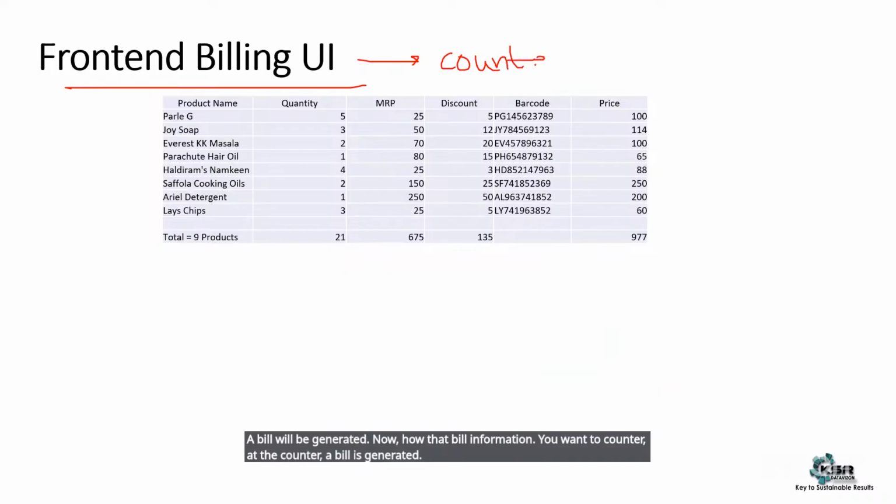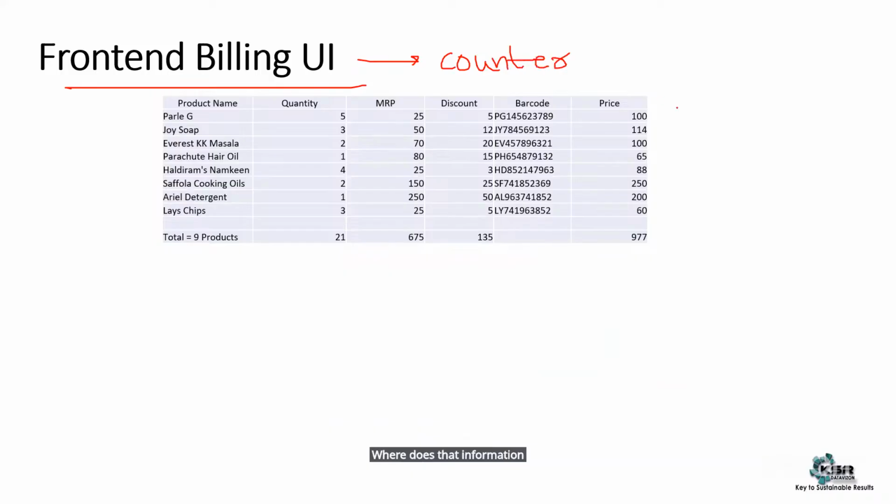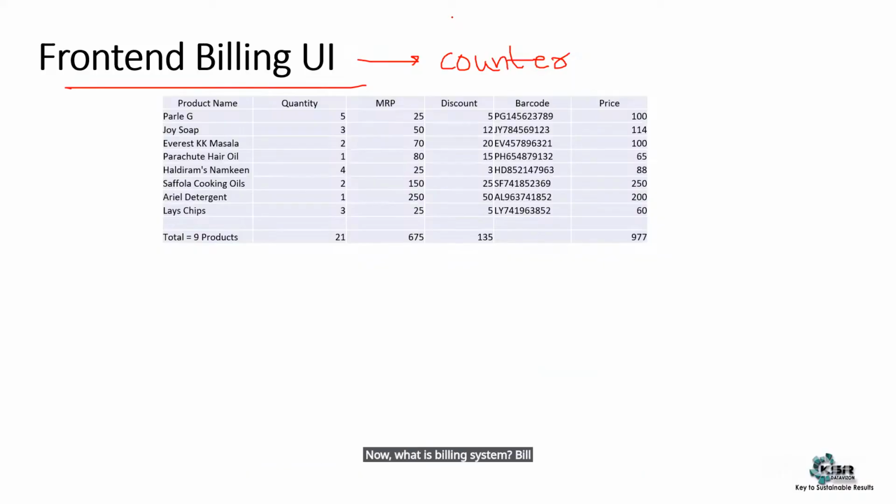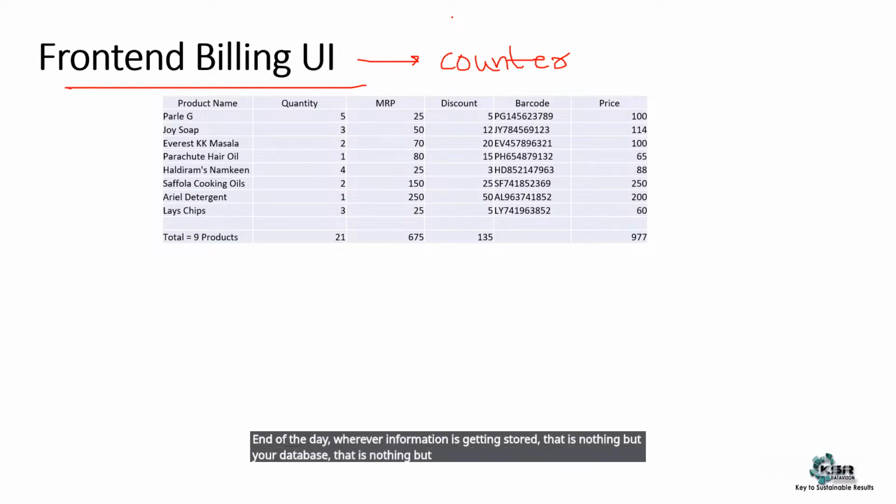Where does that information get stored? It is stored in their billing system. The billing system is nothing but your database. Wherever information is getting stored, that is nothing but your database, your backend system.